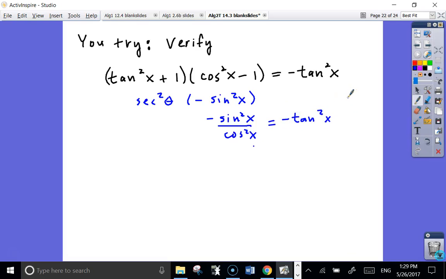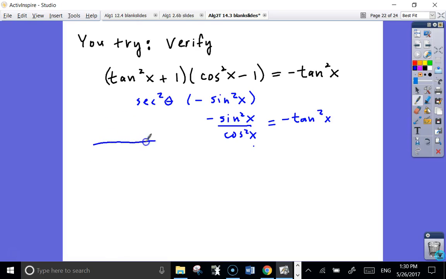Now, the other thing I noticed, did anybody try to FOIL it? Because it's 2 terms times 2 terms. And if I multiply the tan squared from the left times the minus 1 on the right, right there I get negative tan squared, which means the other 3 terms must all cancel out, because it all equals negative tan squared.